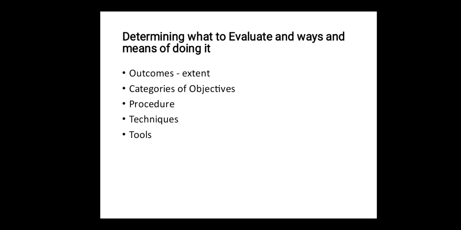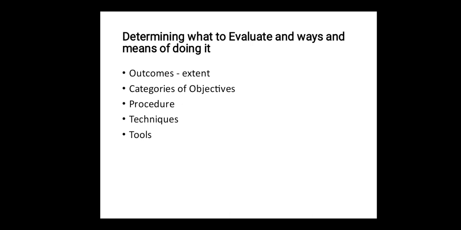So she proposed a comprehensive evaluation. We have to evaluate according to the characteristics of learners as well as with respect to the nature of objectives. So proper techniques, proper procedures, appropriate tools, etc. are required.